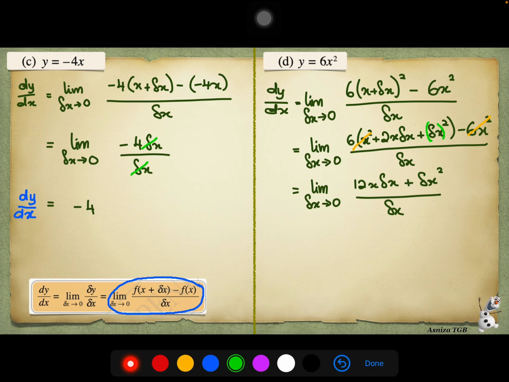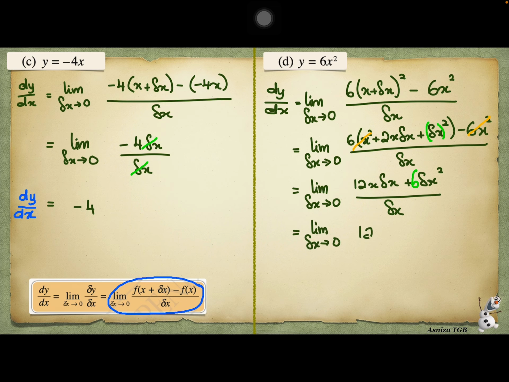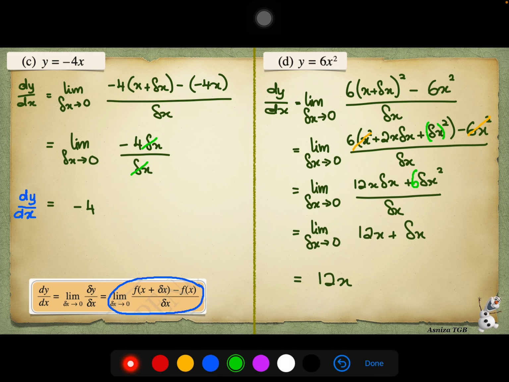I missed the 6, so we have 6 delta x squared. Then we divide by delta x, so we have the limit as delta x approaches 0 of 12x plus 6 delta x.